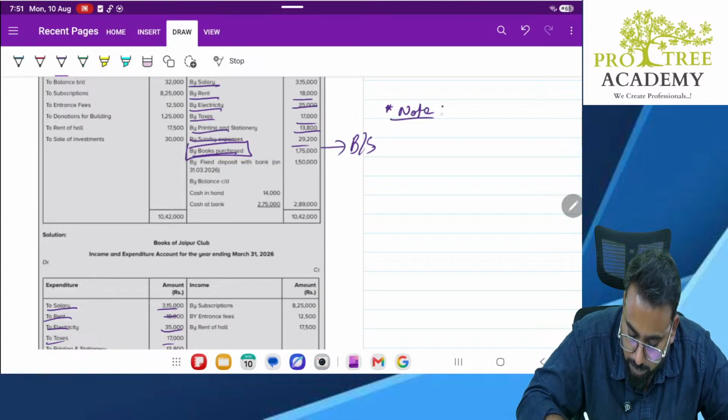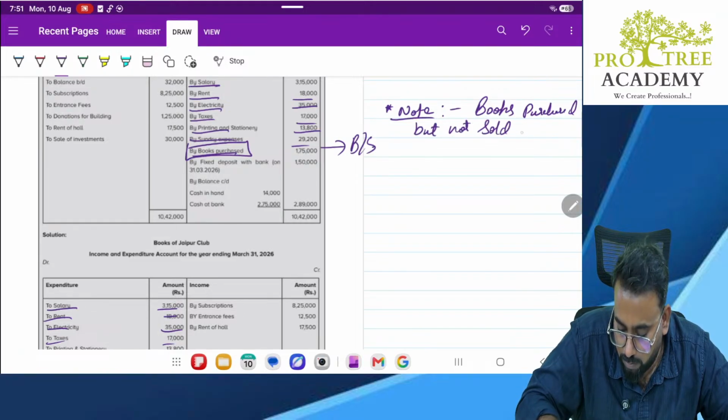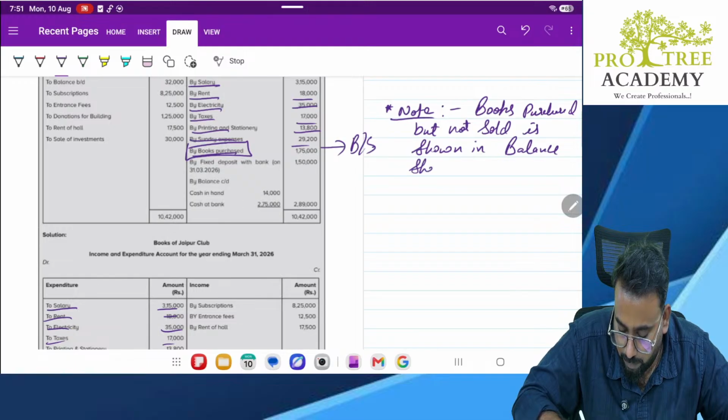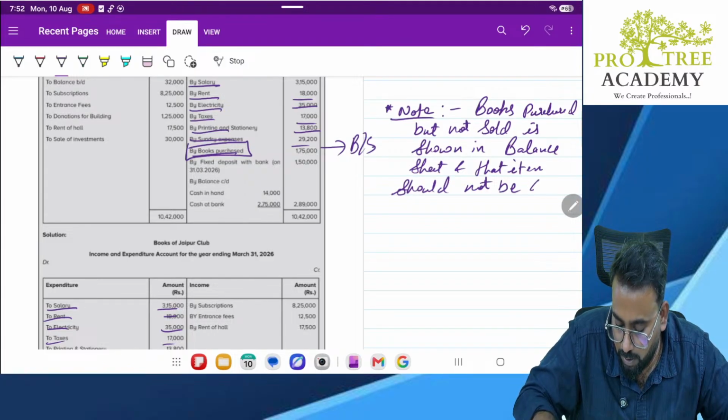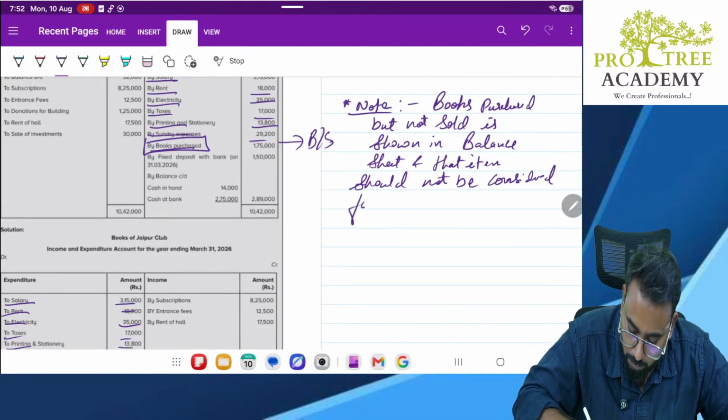Note: books purchased but not sold is shown in the balance sheet, and that item should not be considered for income and expenditure account.